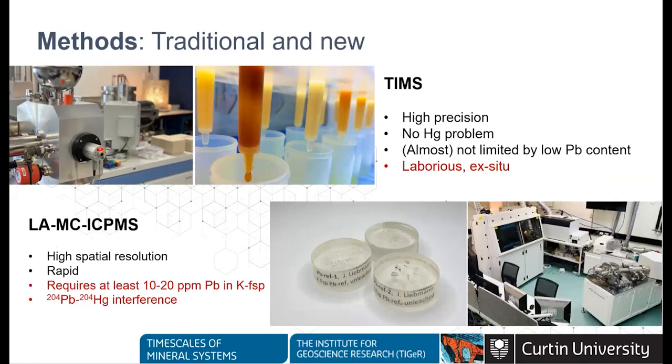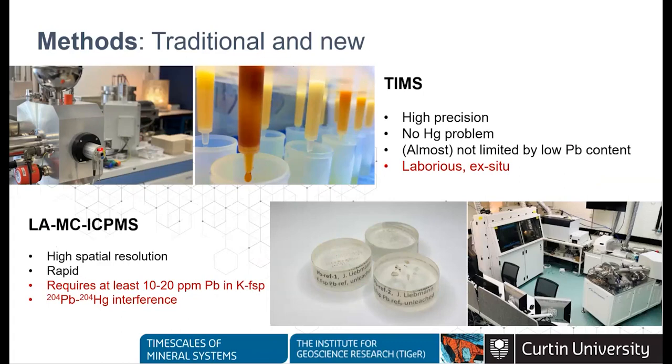Then we also have laser ablation multi-collector ICP-MS, which offers a high spatial resolution down to 15 micron, or perhaps even smaller, but 15 micron is what we tested here at Curtin so far, and that worked well. That is a rapid technique. And as I mentioned a few slides ago, we can get the initial lead isotope composition from a magma by measuring lead isotopes in K-feldspar.